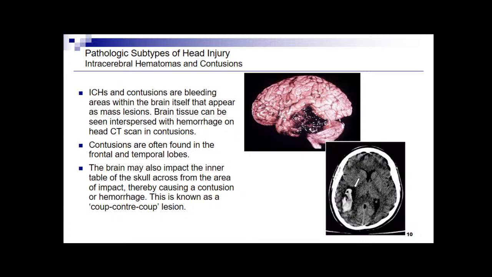The brain may also impact the inner table of the skull across from the area of impact, thereby causing a contusion or hemorrhage. This is known as a coup contra coup lesion. So the patient has combined injury on 2 sides of the brain: in the place of trauma, and on the opposite side of the place of the trauma. Coup contra coup lesion.